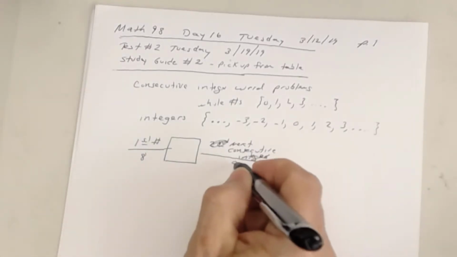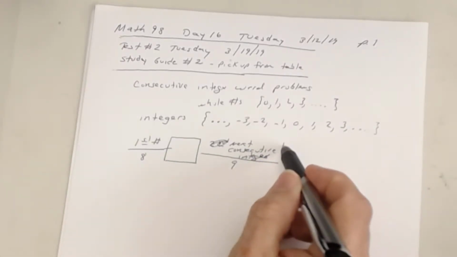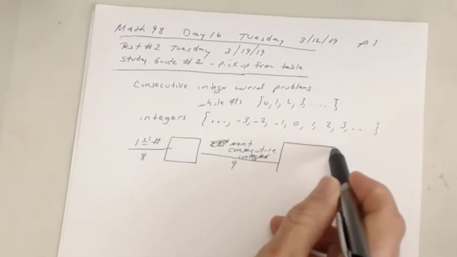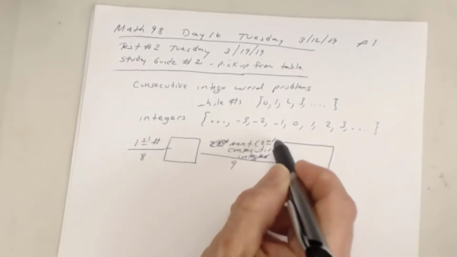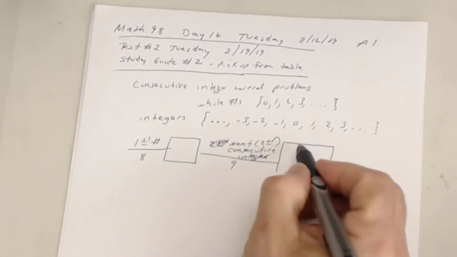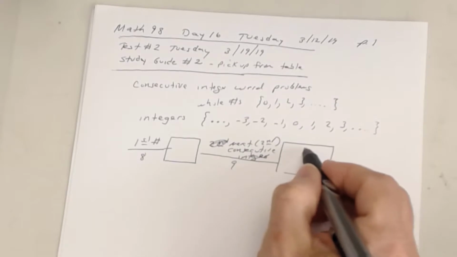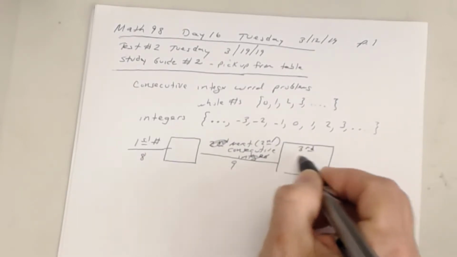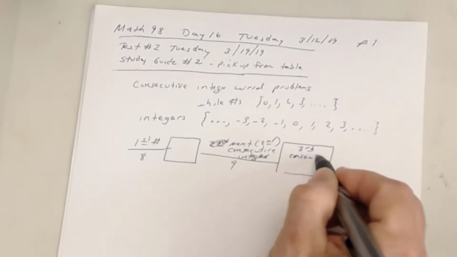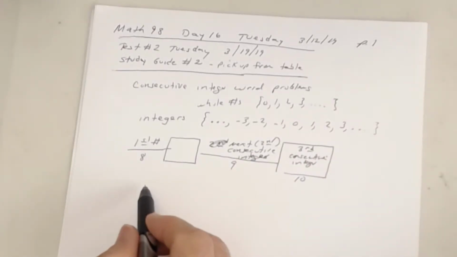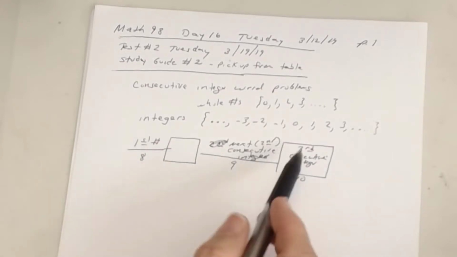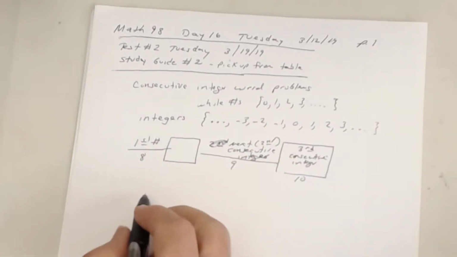You agree? Okay. So I'm going to call this the second consecutive integer. Then the third consecutive integer is what? 10. Okay? All right. So I left some space here, and I should have done the same thing here, but that's fine.